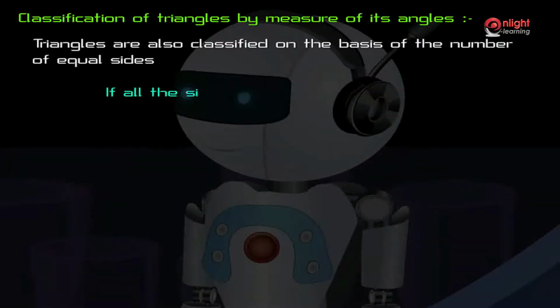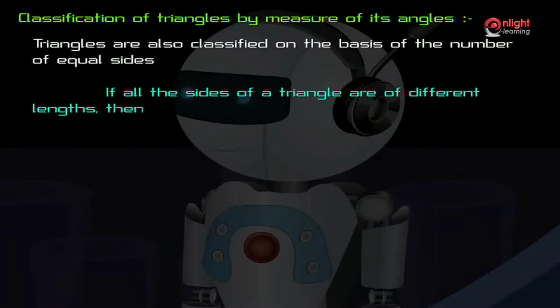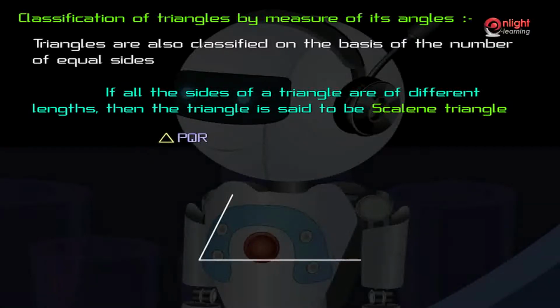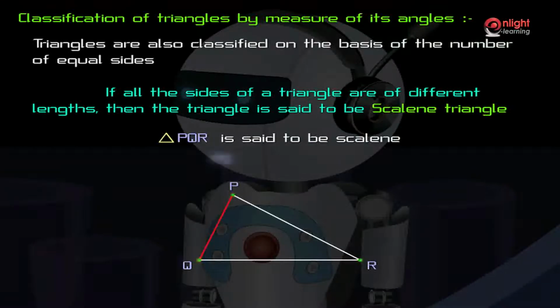If all the sides of a triangle are of different lengths, then the triangle is said to be scalene. Triangle PQR is said to be scalene if PQ is not equal to QR is not equal to PR.